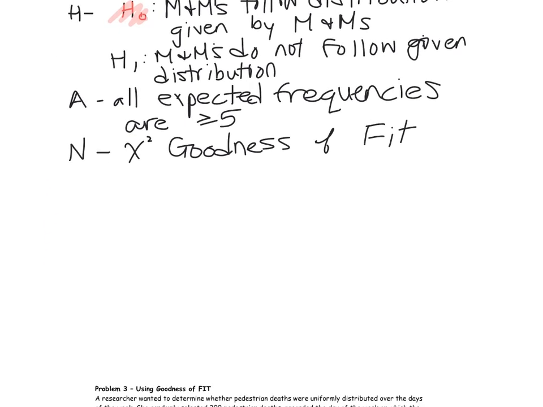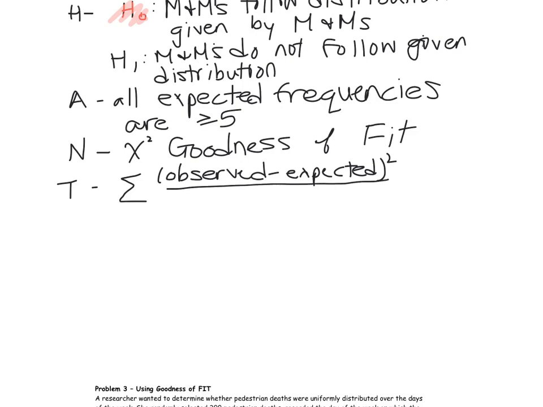And now T is obtain your test statistic. So remember, we have to look at the difference between the observed values minus the expected values, then square that, divide by the expected, and then add all of those up.